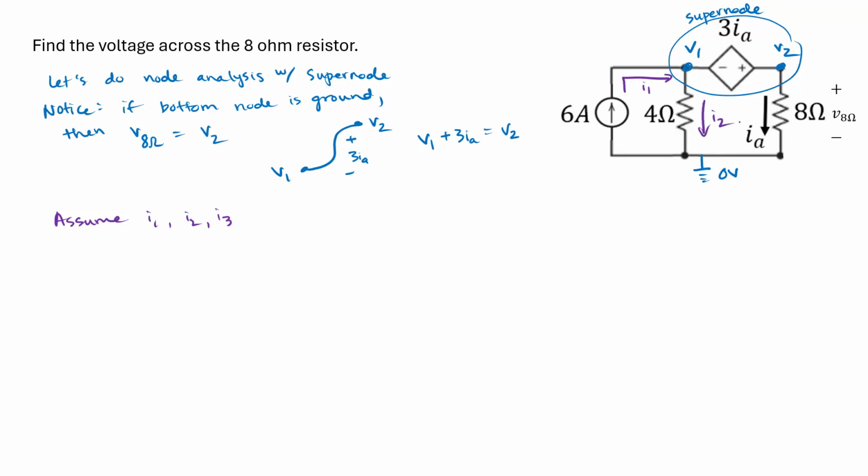I'll assume I2 is flowing downward, and then finally this I3, we'll just call it I sub A since that was already given to us. We have I sub A flowing downward. Then if we apply Kirchhoff's current law at the supernode, we will get plus I1 minus I2 minus IA equals 0.